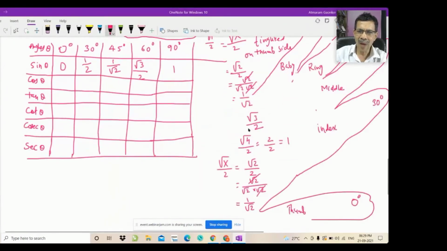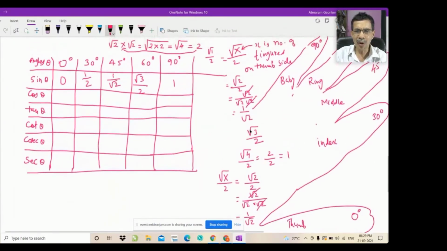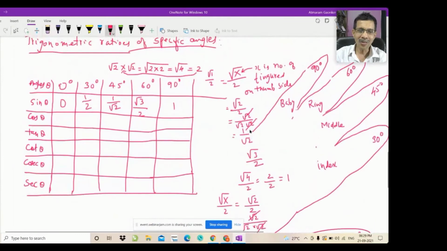Okay. Now with the help of the palm, you can remember this ratio very well, and your palm is always with you in the examination hall also. Just bend the fingers and find these ratios. And now for cos theta, there are 2 methods.